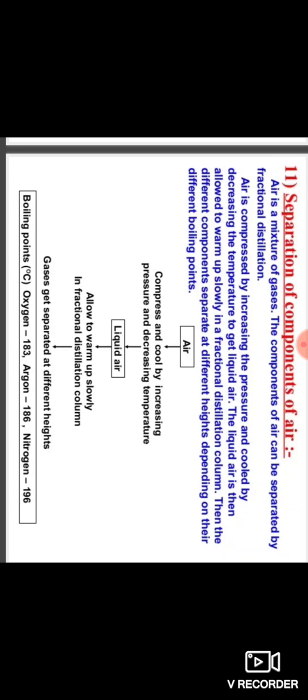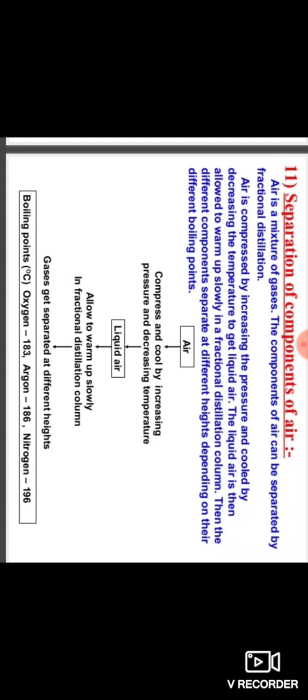Then the different components separate at different heights depending on their different boiling points.